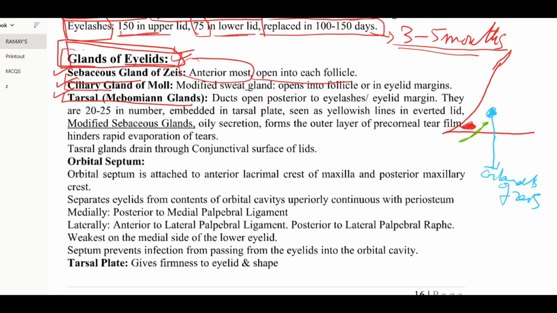The glands of Zeis open directly into the lash follicle, while glands of Moll open either into the gland of Zeis, or into the lash follicle, or they open directly into the eyelid margin. Okay.